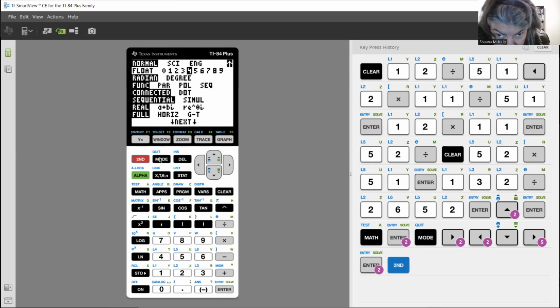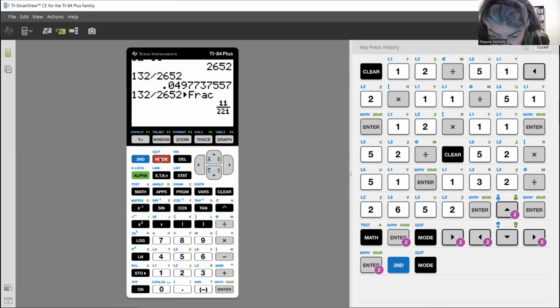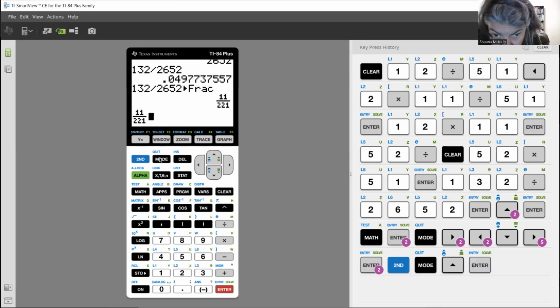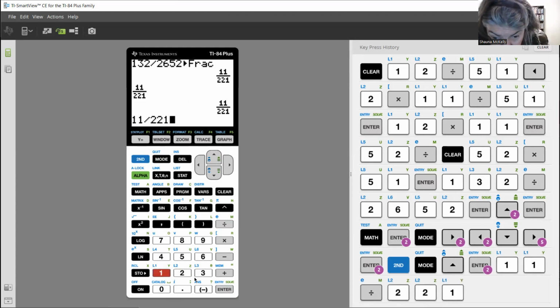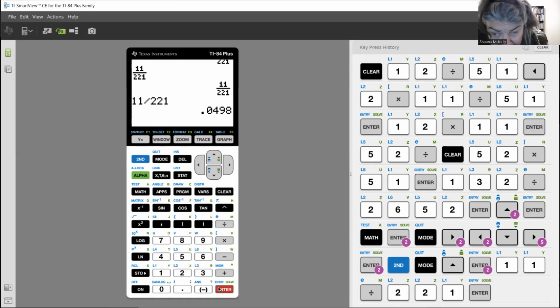Then quit from the screen and you can go back, get your fraction, and then you can say 11 out of 221, do the division and get that 0.0498.